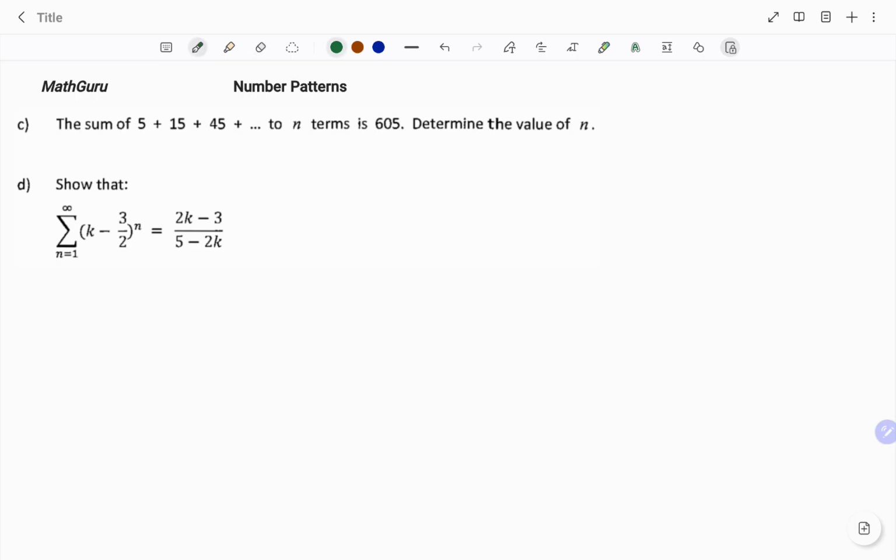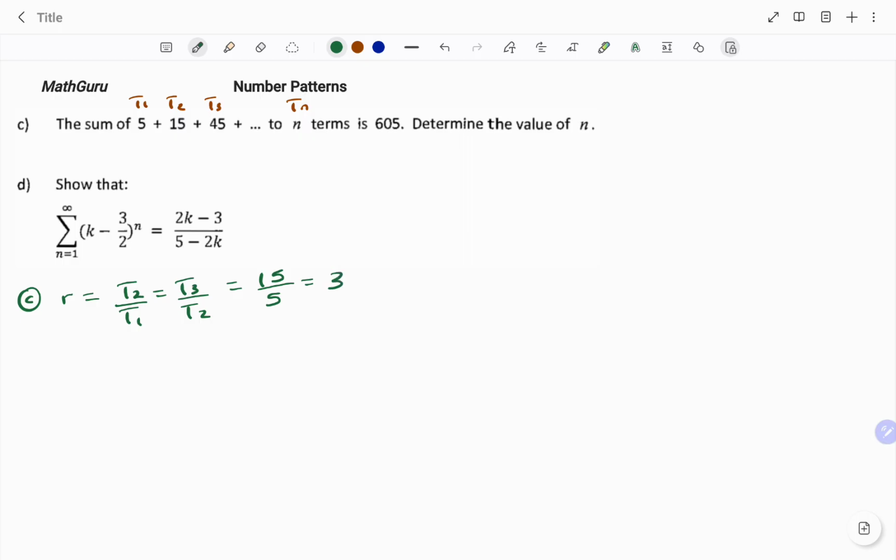So going to geometric pattern, I have my r, so I'm solving for r, which equals the term in front divided by the term behind. I'm going to tag my terms quickly, T1, T2, T3 to my Tn. So to find my common ratio, it's T2 over T1, which is equal to 15 over 5, and that is equal to 3.